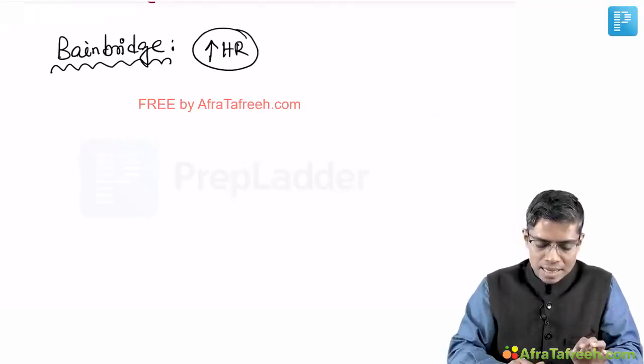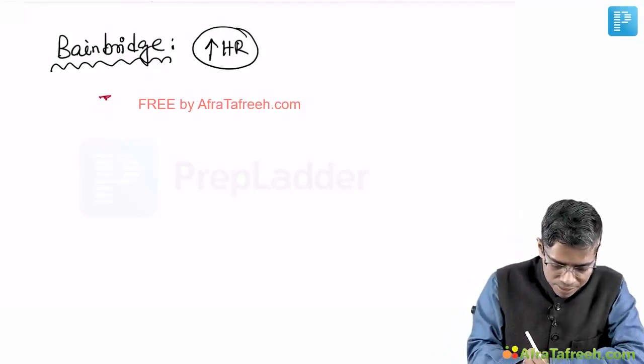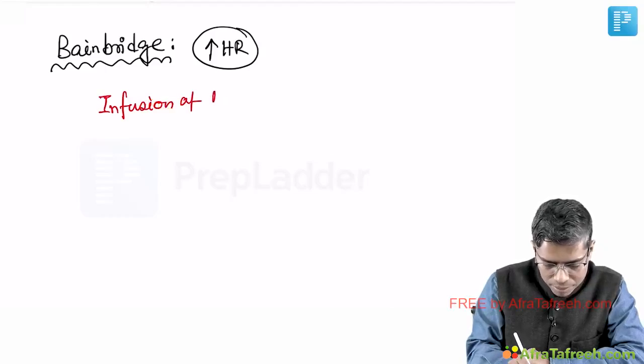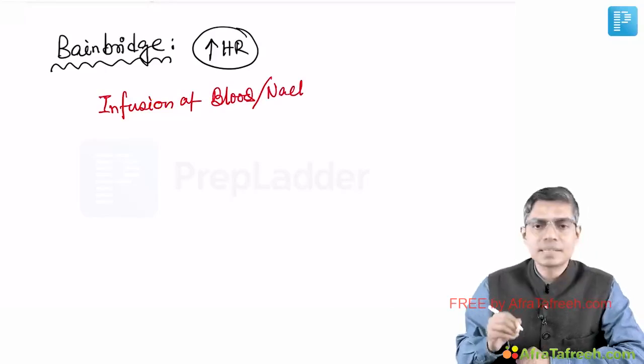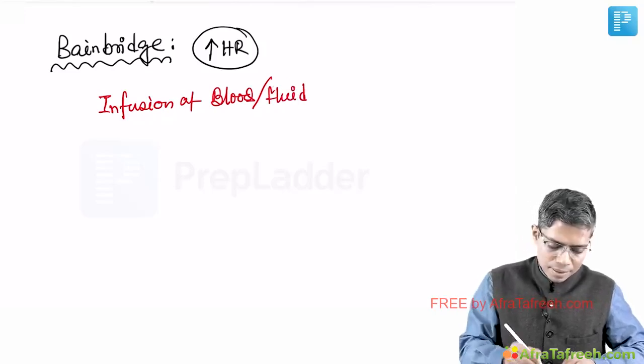Now we know the explanation of this Bainbridge reflex. Whenever you are giving an infusion of blood, or normal saline, or any kind of fluid, what is going to happen?